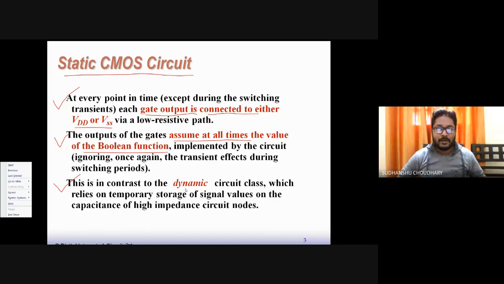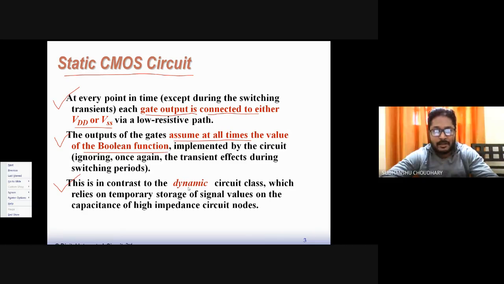Since the output is stored on the capacitor, this dynamic circuit needs some sort of refreshing. That is, a clock is required which can refresh the value of the capacitor, because the capacitor will obviously discharge after some time. So it needs some sort of refreshing circuit. So a clock is a necessary thing.